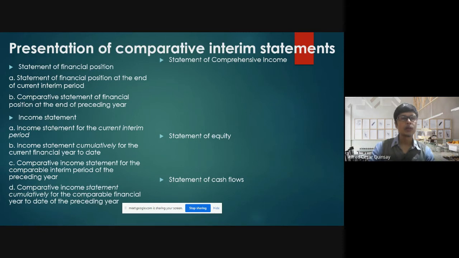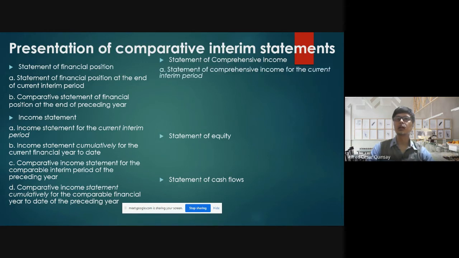Okay, and then finally, comparative income statement cumulatively for the comparable financial year to date of the preceding year. So yung year to date nila, so from such time up to, let's say, December 31 of the previous year, no? So kasama na rin yung income statement, no, the interim period for the preceding year.